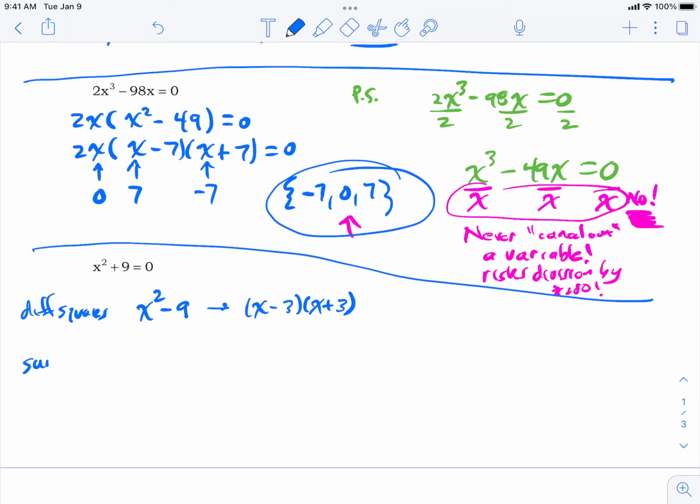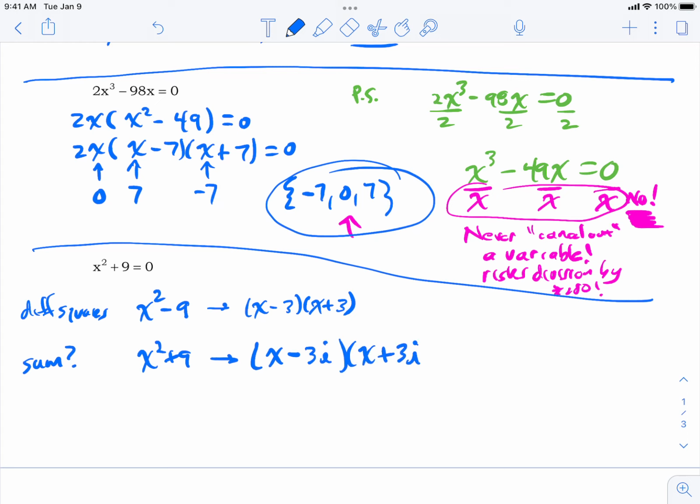But this is a sum. This is x squared plus 9. Can you factor that? Back when we were doing factoring, lesson 40, I said, no, not yet, we can't, because I had to wait until now to show it to you. It involves complex numbers.